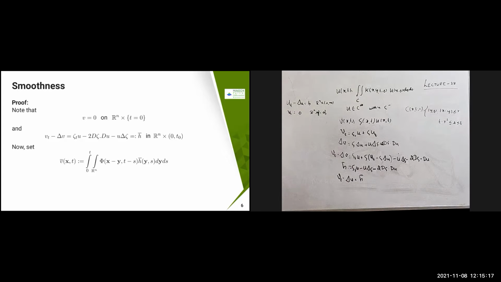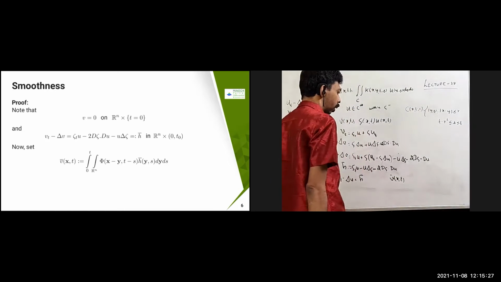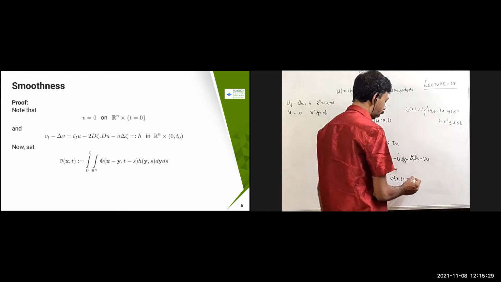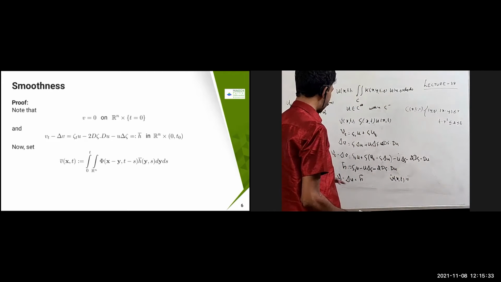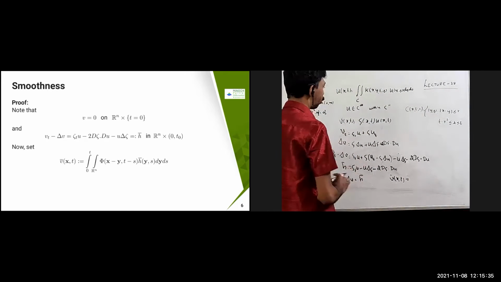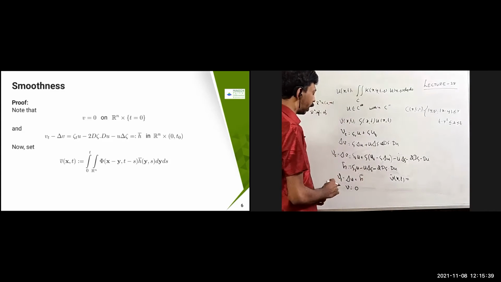Now what we have in this case is v bar of x comma t. Let us see what it is going to be. Since v is satisfying v_t minus Δv equal to h bar, and we also have v equal to 0 at the initial time, therefore it is going to satisfy a heat equation.